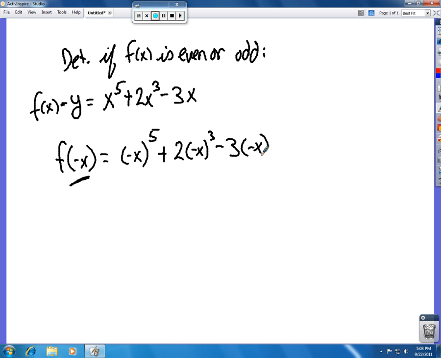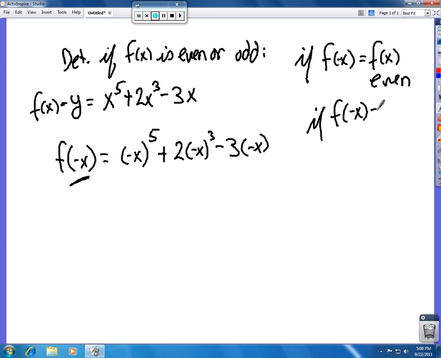And now what we want to do is figure out if f of negative x is equal to f of x, then it's going to be even. But if f of negative x is equal to negative f of x, then it's going to be odd. Okay? So really that's all it is.